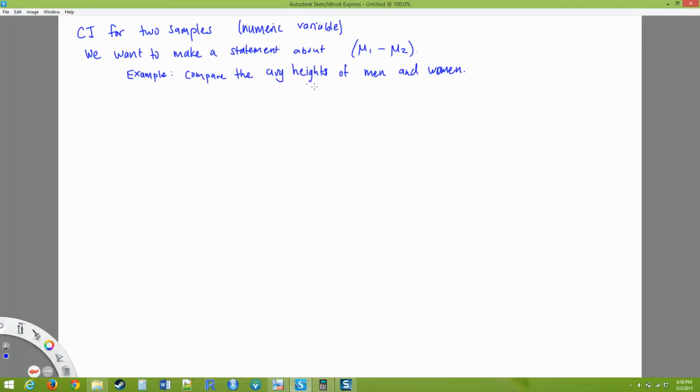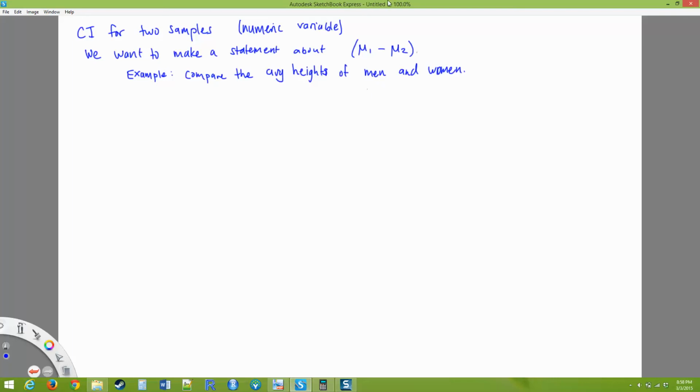So if we compare the average heights of men and women, we want to know what is mu1 minus mu2. Basically, we're asking what is the mean difference between the average height of a man and the average height of a woman.